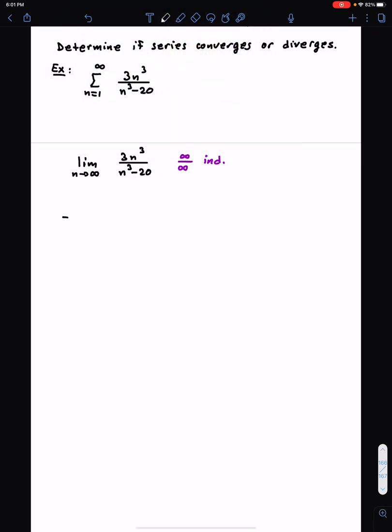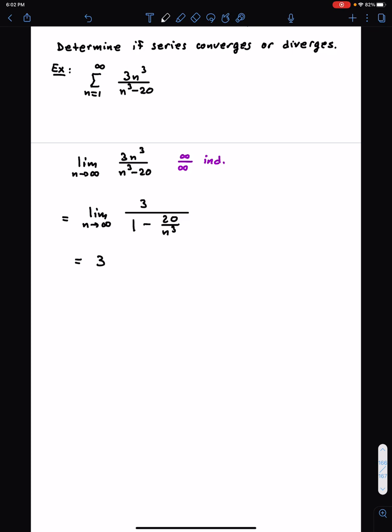So if I divide each term by n cubed, so limit as n approaches infinity, 3n cubed divided by n cubed is 3. N cubed over n cubed is 1 minus 20 divided by n cubed. If I take a limit, 3 over 1 minus 0, or 3.